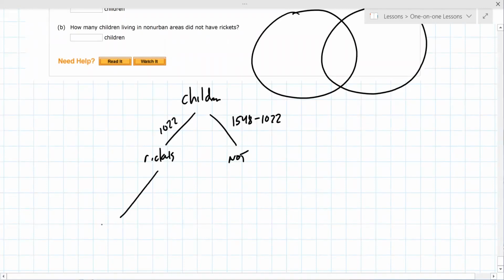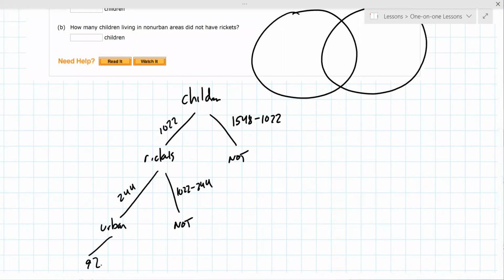So it's like urban, if you're urban, there's 244, and there's those that are not urban. That's 1,022 minus 244. And then of those that were urban, 92 had rickets. That's weird. How many children living in non-urban areas had rickets? I'm missing something. I'm sorry. This is not correct at all.